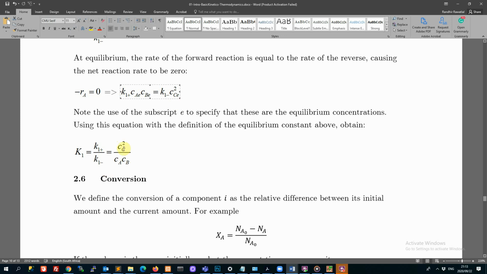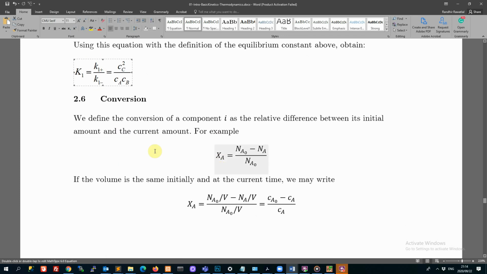That's equal to CC, and I should say CE, AE, BE. So it's equal to that. So at equilibrium, we can find a relationship among these concentrations. Okay, so that's the concept of equilibrium.